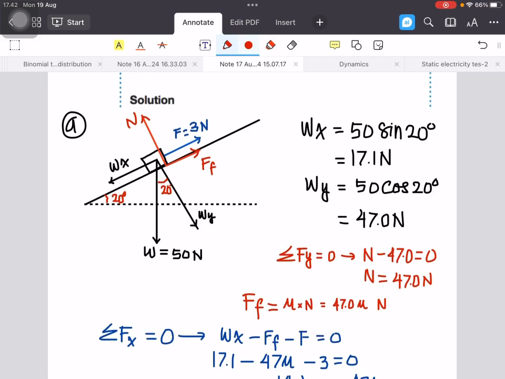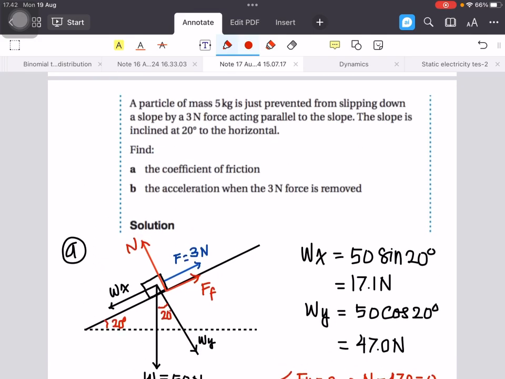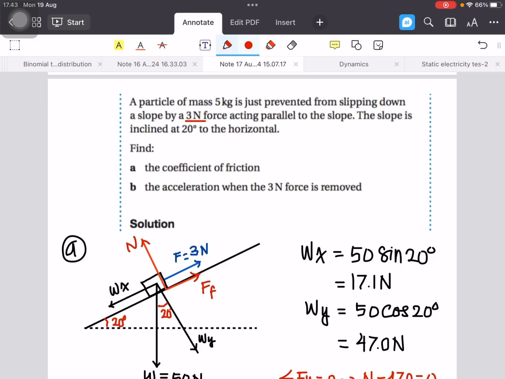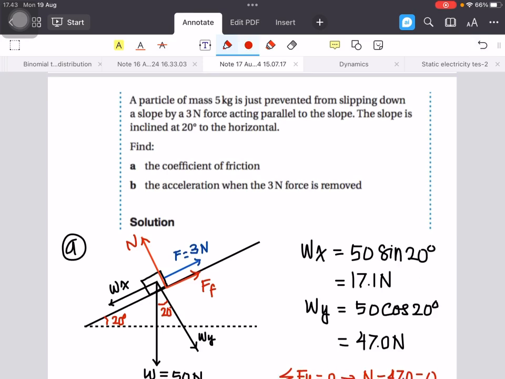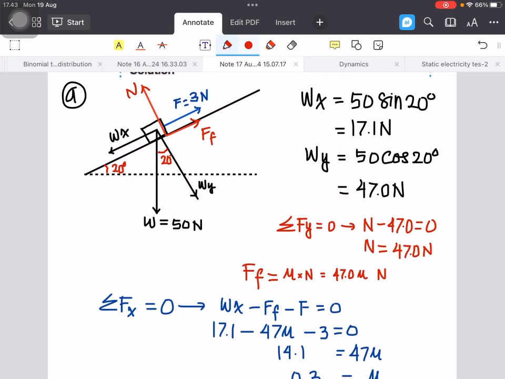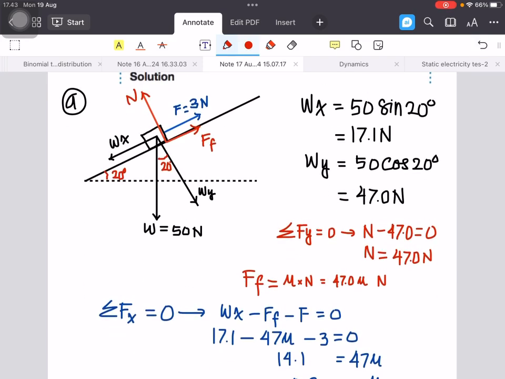And then the question says that this 3 Newton force prevents the object from slipping down, meaning that the system is also in equilibrium in the x direction. So the net force in the x direction is also equal to 0. Wx minus the friction force minus F, which is 3 Newton, is equal to 0.